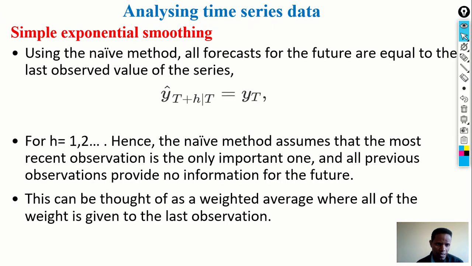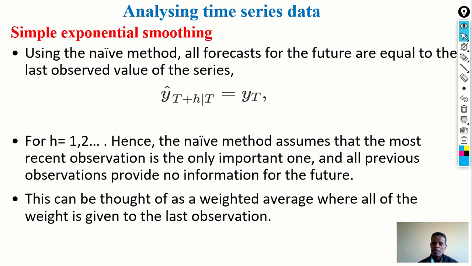As per the simple exponential smoothing method, especially by using the naive method, it is assumed that all forecasts of an outcome variable for the future are equal to the last observed value of the series.